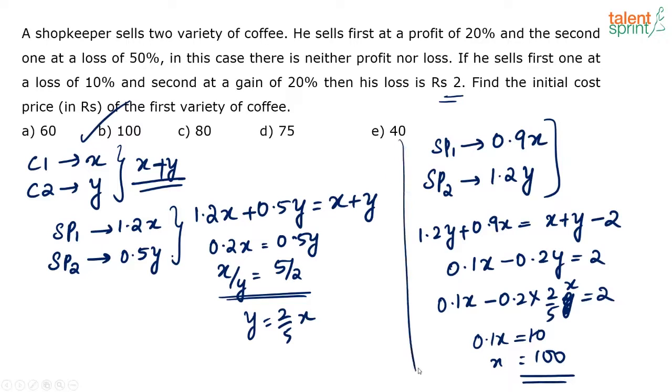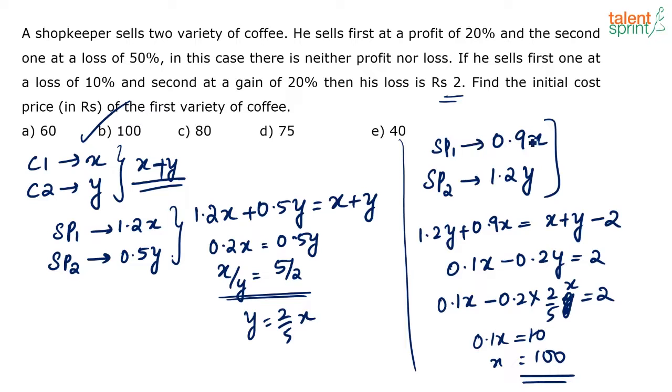See, I will just explain what I did. What is given in the question? First case, they say that I assume that cost price of the first variety is x, cost price of the second variety is y. Now, selling price earlier was 1.2x and selling price of the second variety was 0.5y. Now, in this case, he made no profit, no loss. That means the selling price is equal to the cost price, and I got this. Next one, what is he saying?